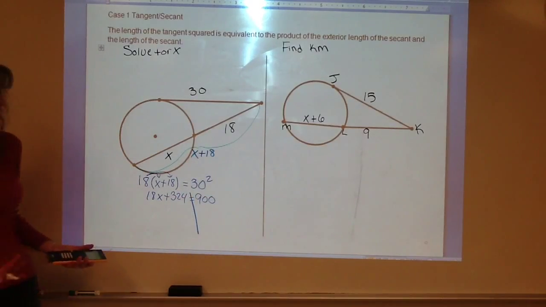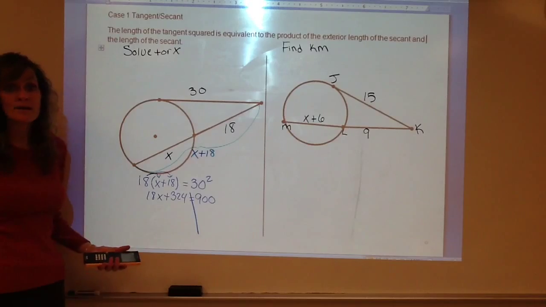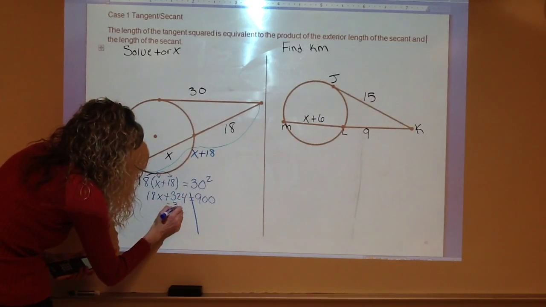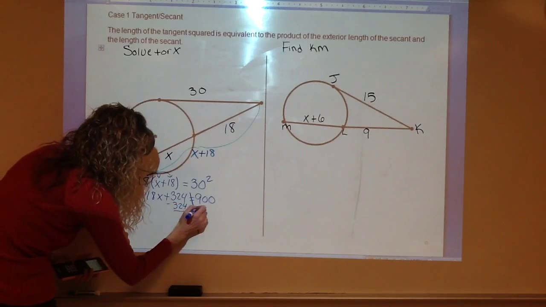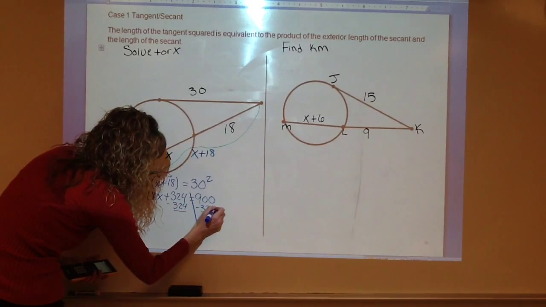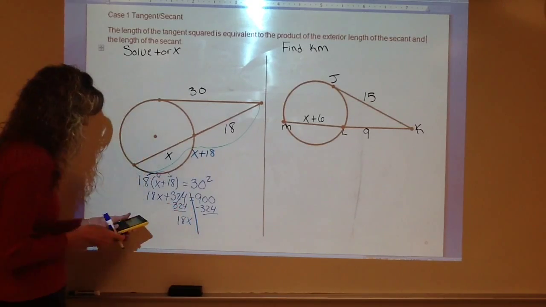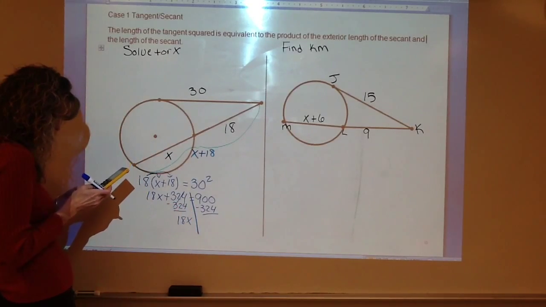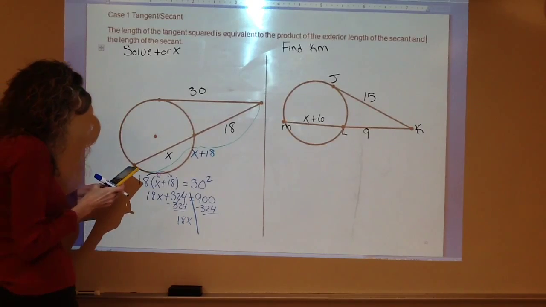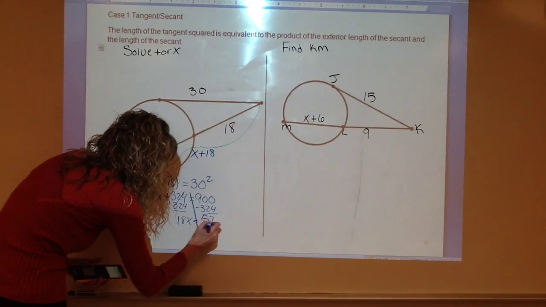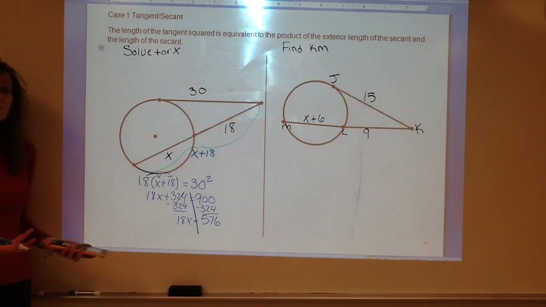Now I just have an 8th grade two-step equation that I'm going to solve. I'm going to subtract 324 from both sides. So over here I get 18x. And over here I get 576. Now think about what you do in that last step.